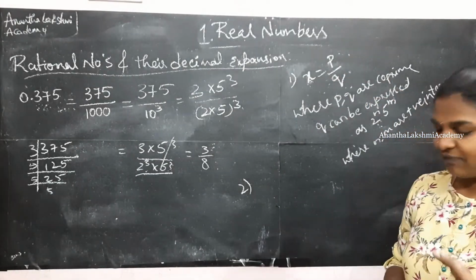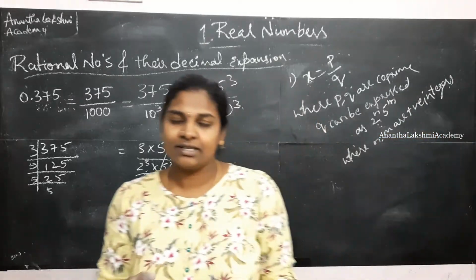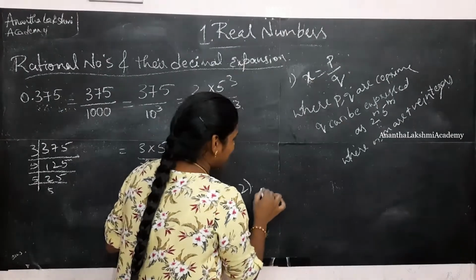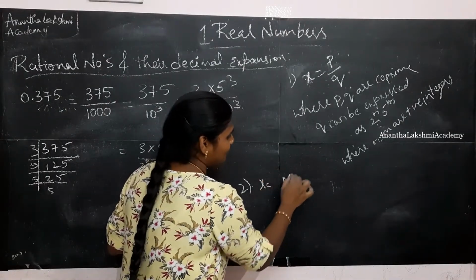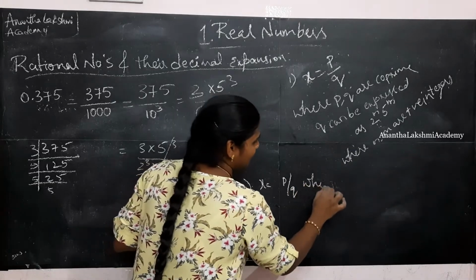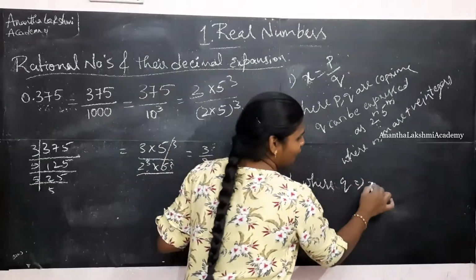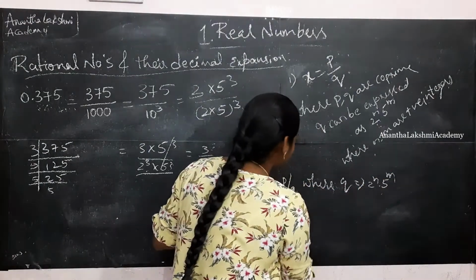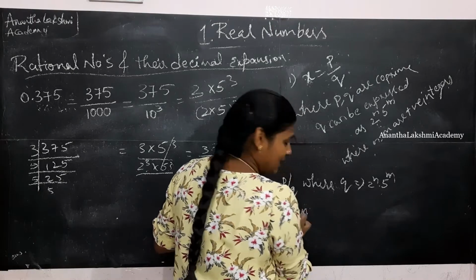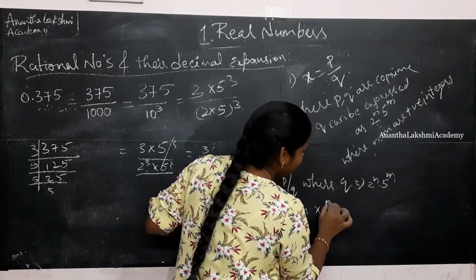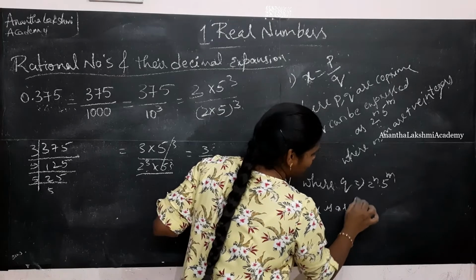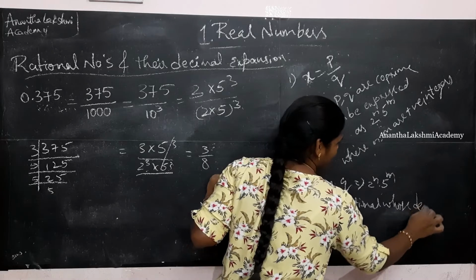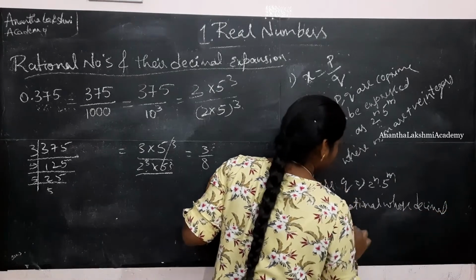They say that if x is a fraction like p by q, where q can be expressed in the form of 2 power n multiplied with 5 power m, where n and m are positive integers, then x is a rational number whose decimal terminates.